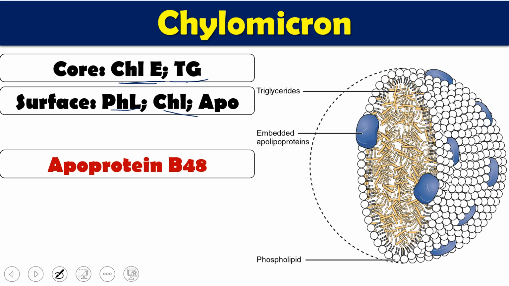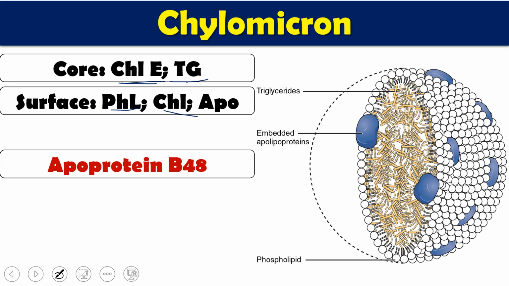One of the main apolipoproteins of chylomicron is B48, which is exclusively present in chylomicrons. What is this B48? Apoprotein B will be either B100 or B48. B100 we will see in VLDL, LDL, and IDL; here we have B48. B48 and B100 are products of a gene called the ApoB gene.